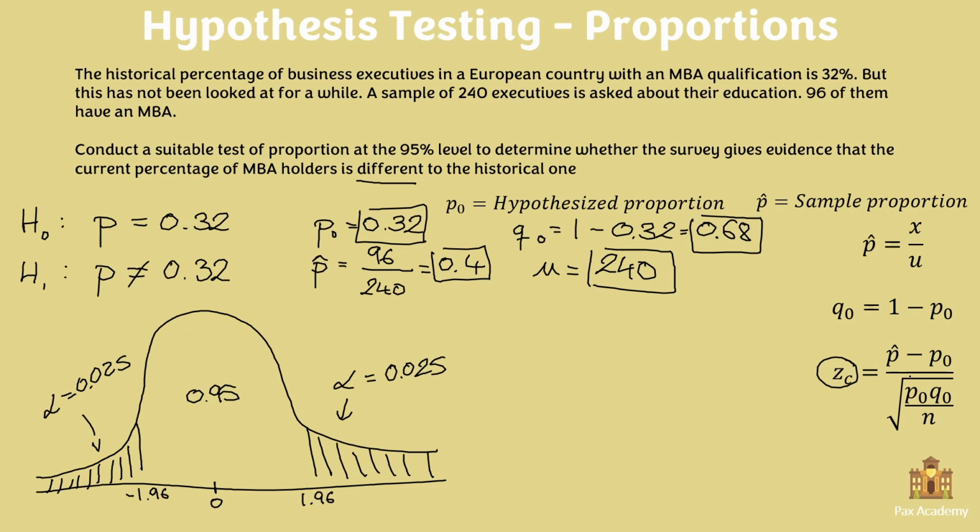Okay, excellent. So as you can see, we have everything we need to use this formula. Therefore, the Z value is going to be the sample proportion, 0.4, minus the hypothesized proportion, 0.32, over the square root of P naught times Q naught, so 0.32 times Q naught, 0.68, over the sample size, which is 240.